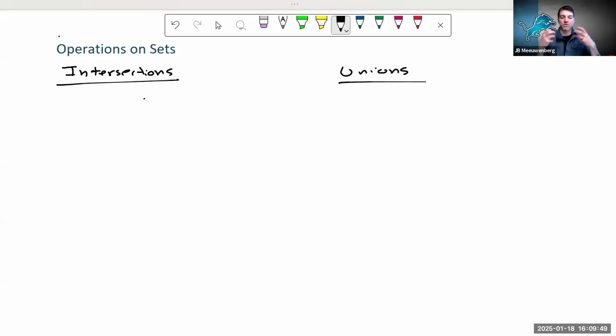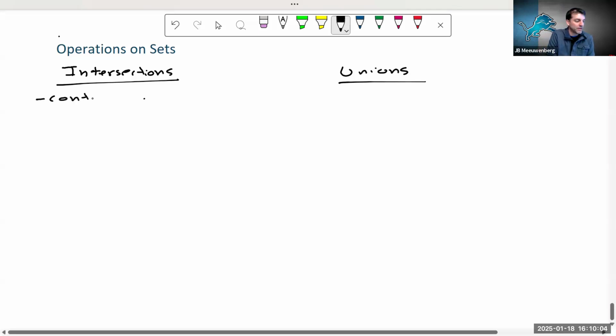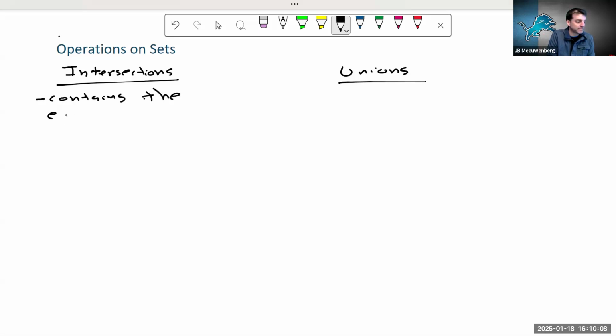An intersection of sets is the part where it's the elements that both sets have in common, right? So the intersection of two sets contains the elements that both sets have in common.